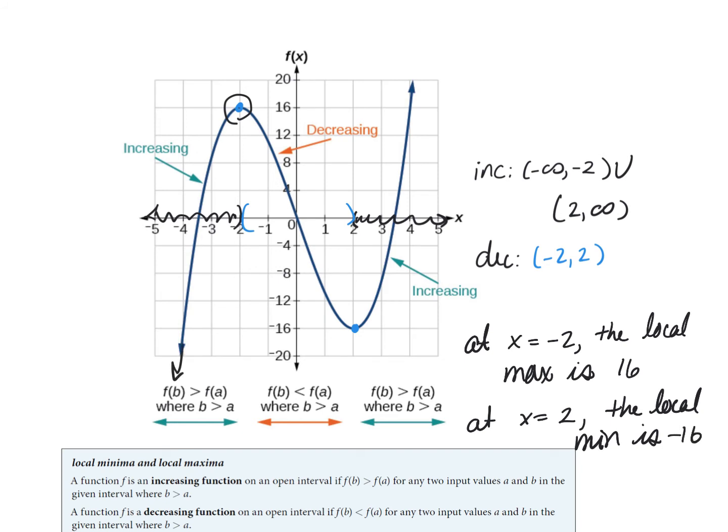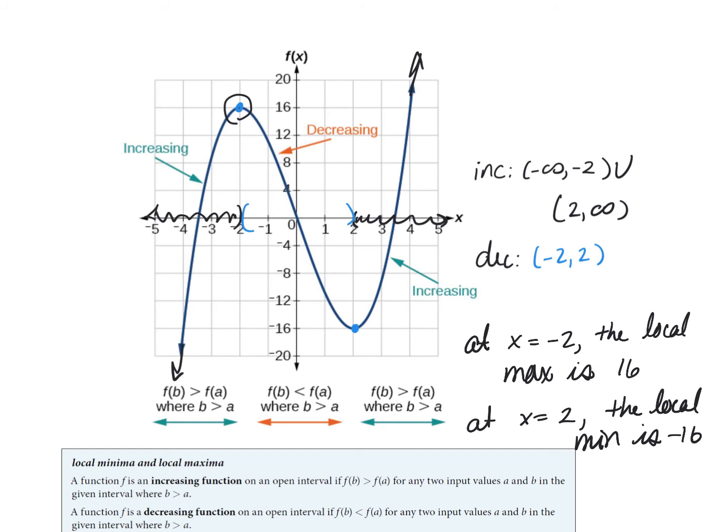Because this goes down forever and it goes up forever, it has no absolute. There's no place on this graph that has the highest or the lowest point. Notice maxima and minima are almost never written as ordered pairs, and I will be very explicit. Do not write these as ordered pairs.